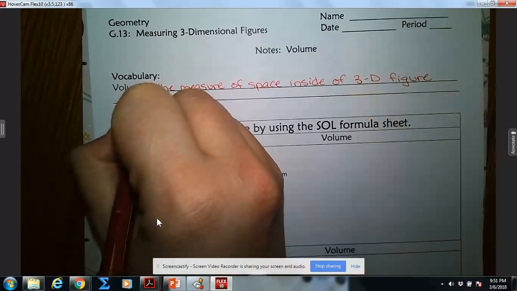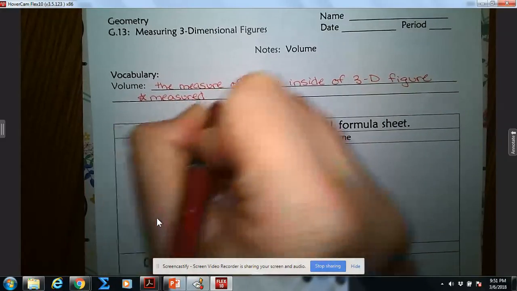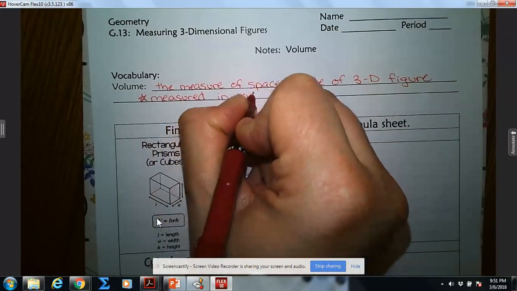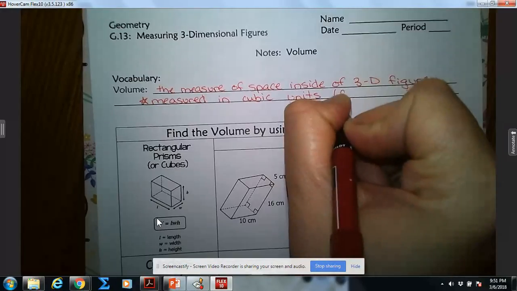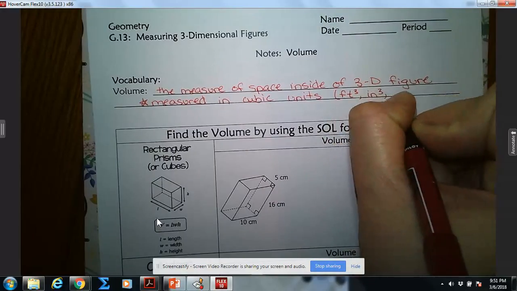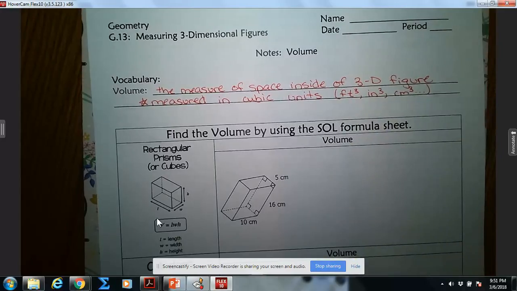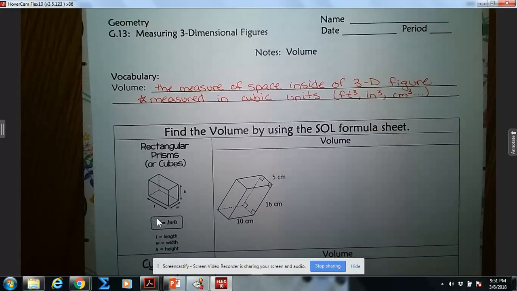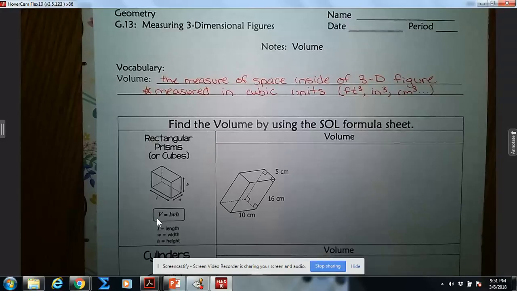And very important, it's measured in cubic units, like feet cubed or inches cubed or centimeters cubed, and so on. So it's the measure of space inside of a three-dimensional figure, how much it takes to fill up that figure. All right, and we're going to start with our rectangular prism.